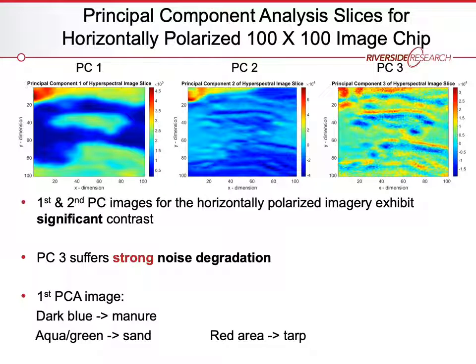And again, as we saw in the previous one, but it's much stronger here, the third principal component suffers from strong noise degradation. So again, left to right, PC1, PC2, PC3. In the first and second PCs, very strong contrast, and the third, significant noise degradation. Much more significant than you would see in an unpolarized case.